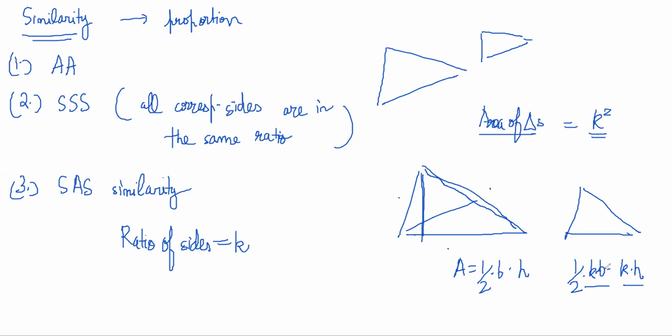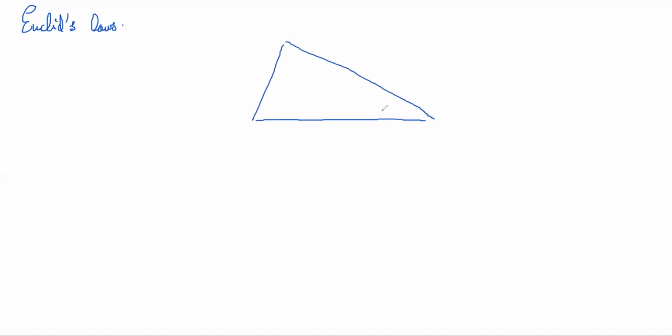Then some basic laws like Euclid's laws for a right angle triangle, from which you can now prove the Pythagoras theorem. Euclid's rules. So if you have a right angle triangle ABC, suppose angle B is 90 degrees here. Let D be the foot of the perpendicular from C to this side.